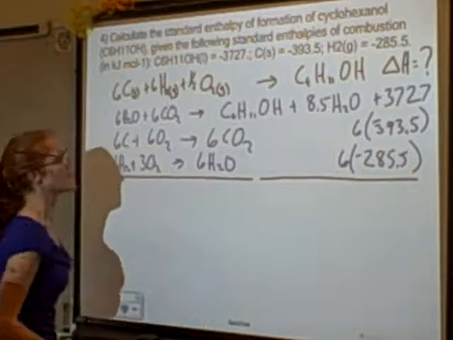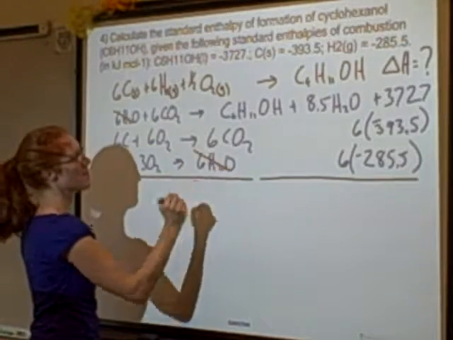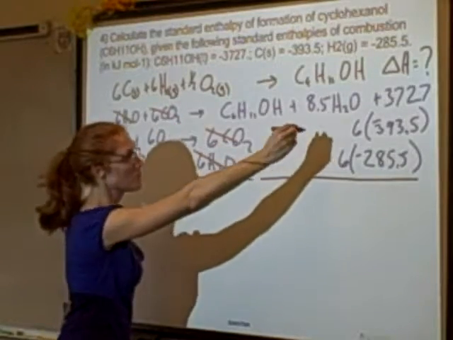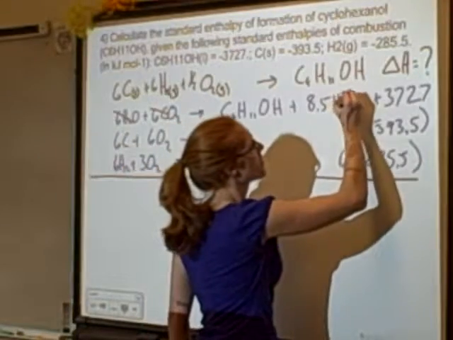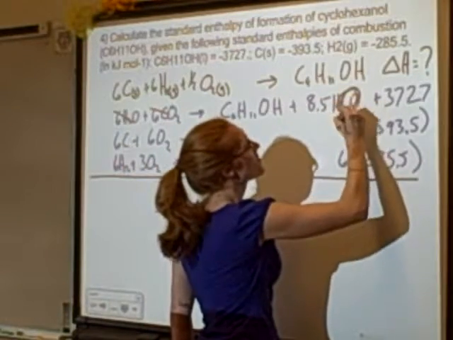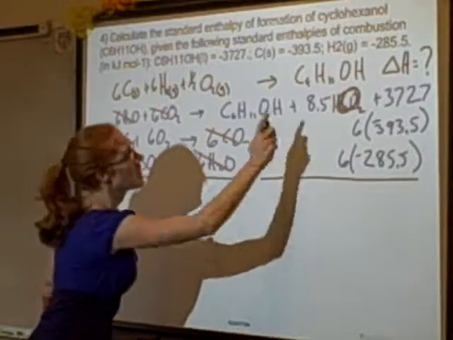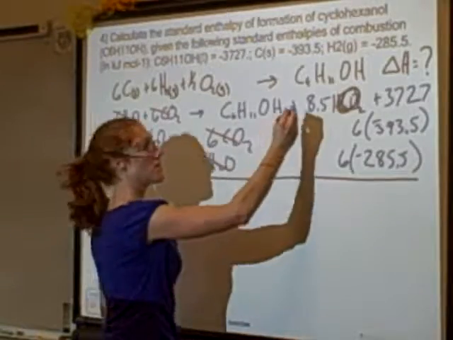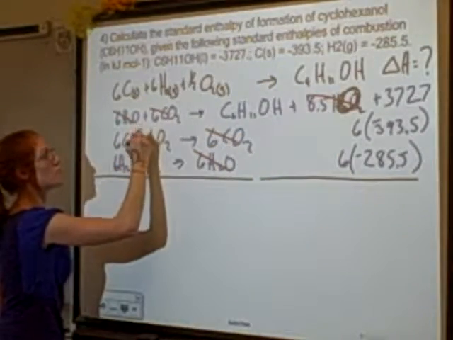Oh, and first I get to cancel stuff out. So yay! 6 waters, 6 waters, 6 carbon dioxides on either side, 8.5. Ooh, I wrote water there, but it really was oxygen if you remember. I think I even said oxygen as I wrote it, but sometimes my hand and my mouth don't agree. So 8.5 oxygens. I've got 9 oxygens on this side, so all 8.5 are going to cancel, and this will end up being just 1/2.